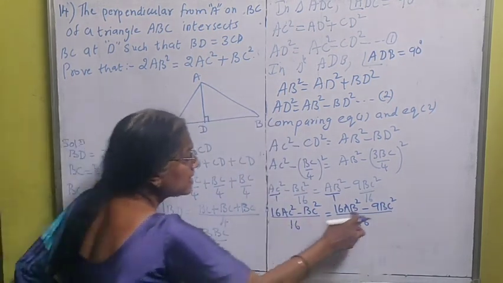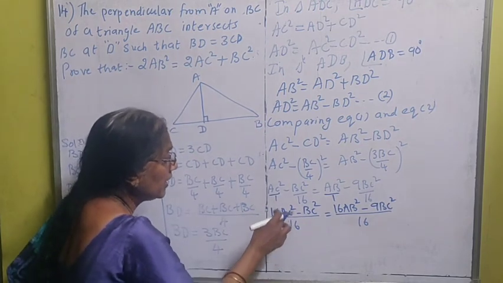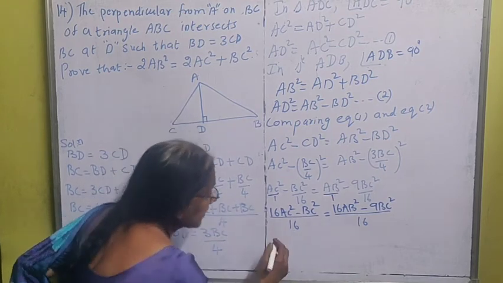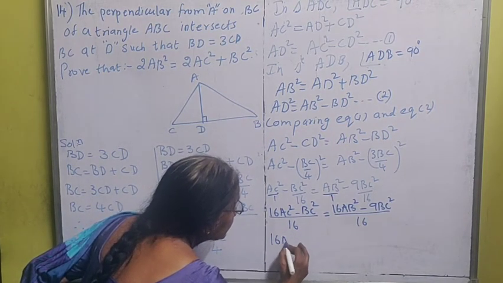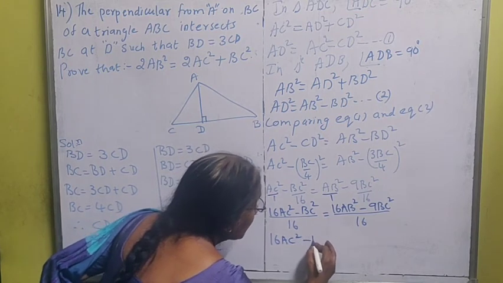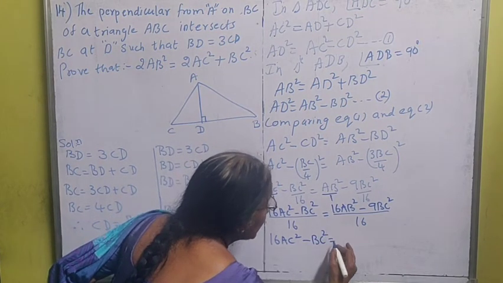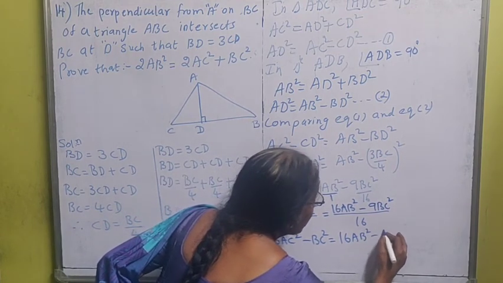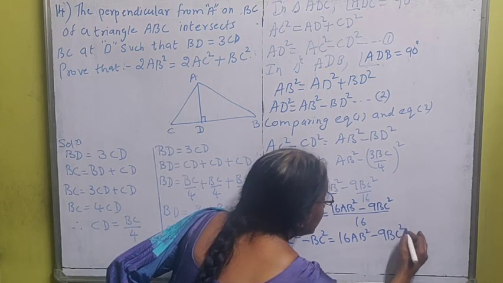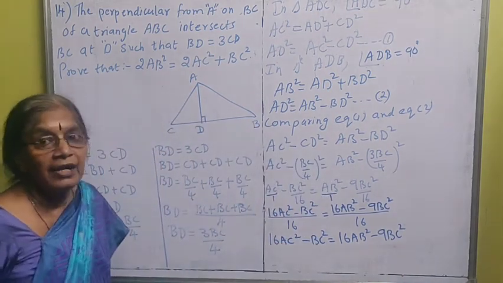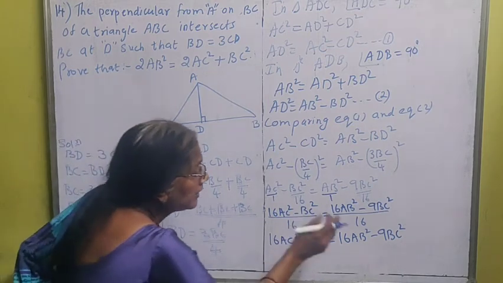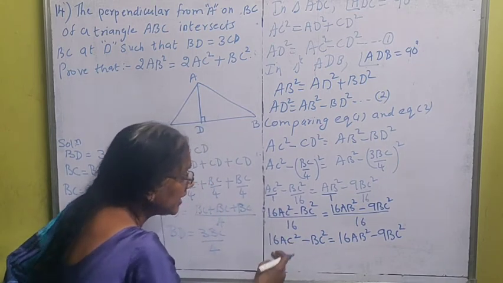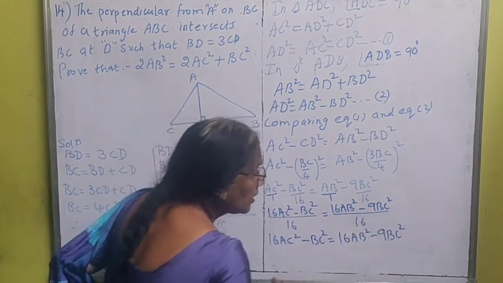Now 16 is the common denominator and the equal sign is there, so 16 gets cancelled. So we have 16 AC square minus BC square is equal to 16 AB square minus 9BC square. Now I will take minus 9BC square on the left-hand side and 16 AC square on the right-hand side.